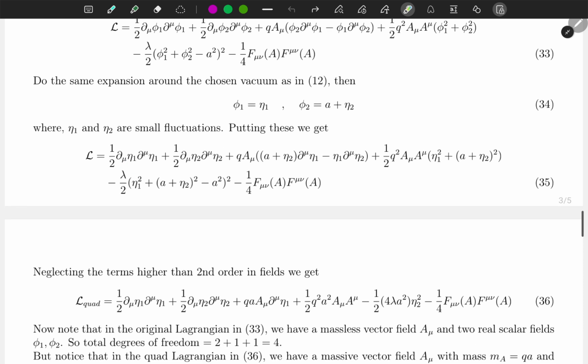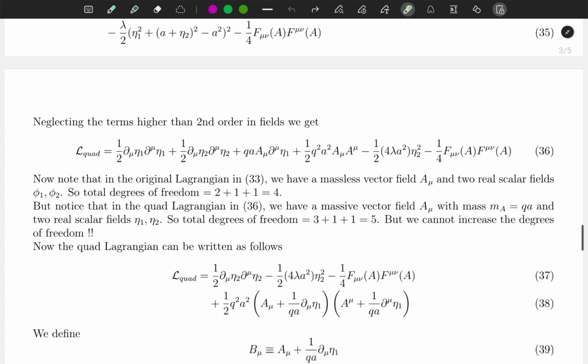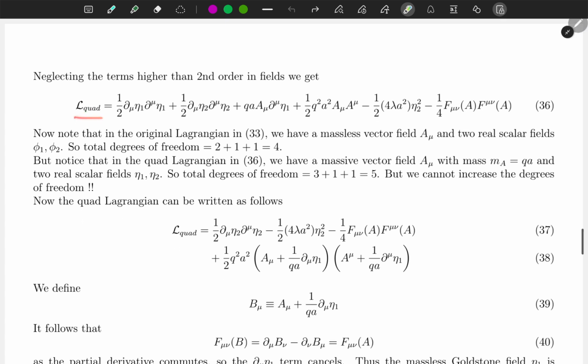Now what we do, eta 1 and eta 2 are small fluctuations, so we neglect any terms higher than second order, like third order and fourth order terms, and we end up with this Lagrangian L quad, which means all terms are quadratic in the fields. You see, this term is quadratic in the eta 1 field, this term is quadratic in the eta 2 field, this term is quadratic because an A mu and an eta 1 term is coming.